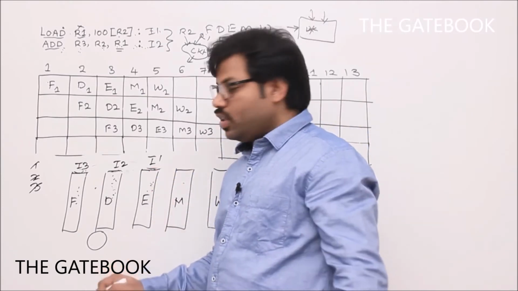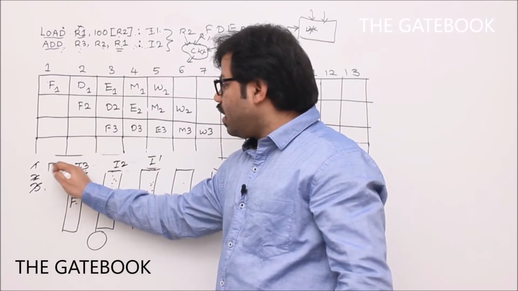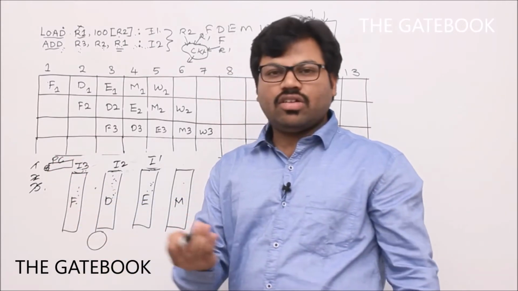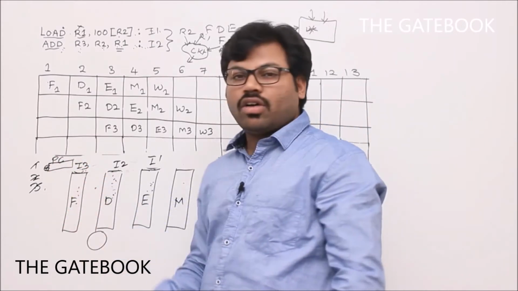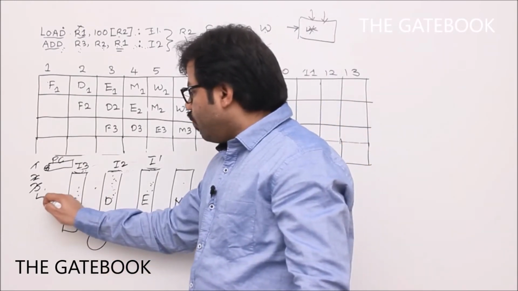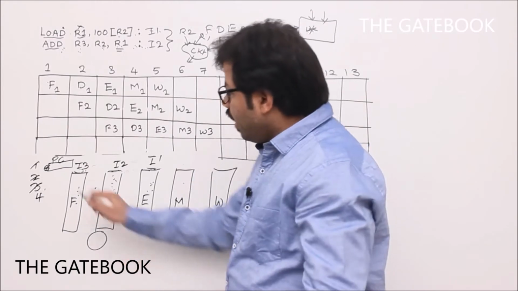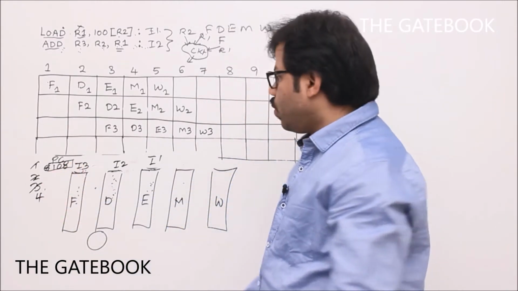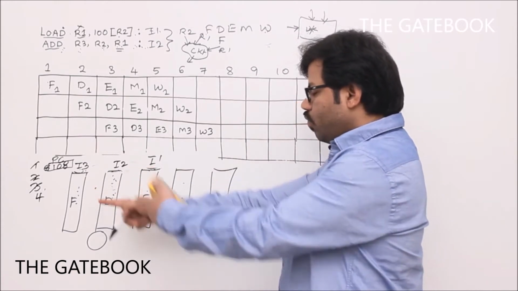That's why what we do is, after the end of the 3rd clock cycle, immediately disable the program counter, lock it. Just imagine we disable the program counter so that it will not be incremented. That means at the 4th clock cycle, the program counter again shows the same 108. Because of that, let us see what is going to happen. Now let us focus on the 4th clock cycle.